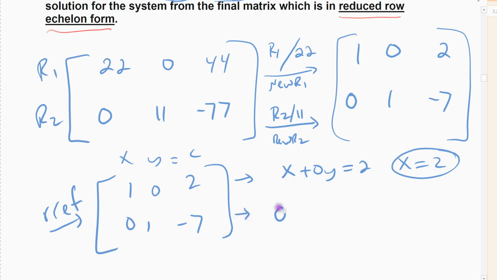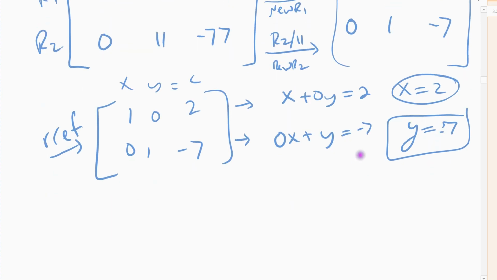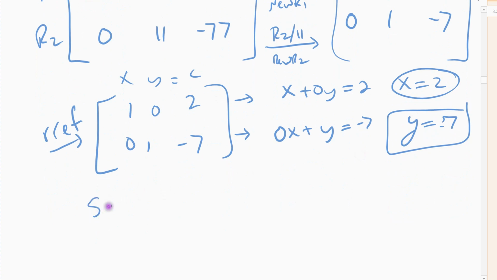The second row gives me 0x plus y equals negative 7, which is just y equals negative 7. This middle step is usually just a mental step. I'm writing it out, but that's what it really is: an equation with just an x and a constant. The y zeroes out. And so this is a one solution case.